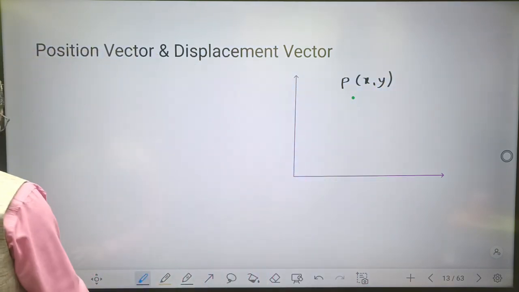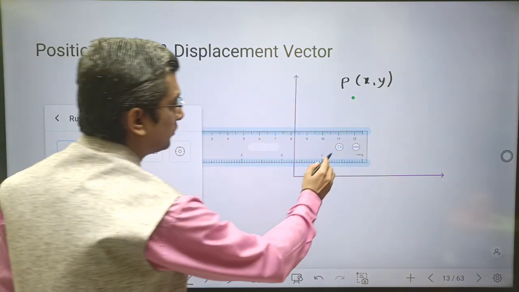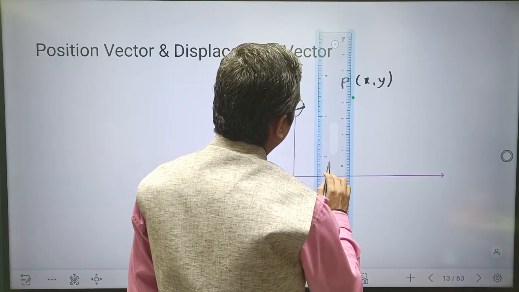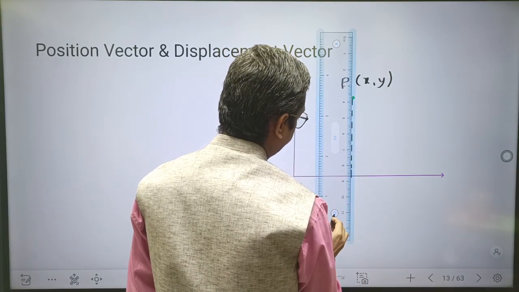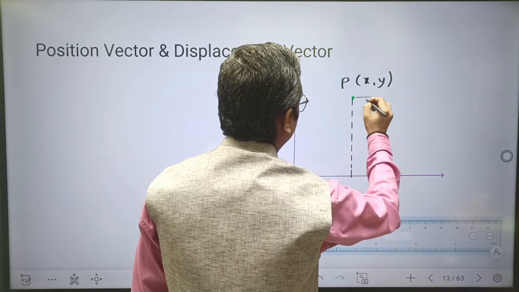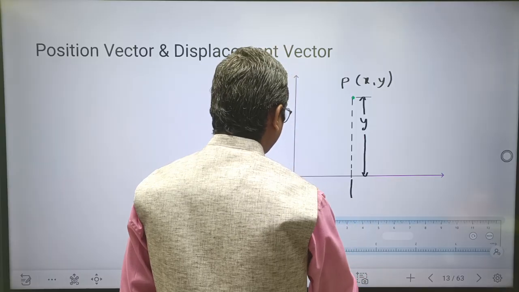So as we have learned in the coordinate system in basic maths, that concept is going to be used here. So what happens if I join this? Actually this value is y and this is x.